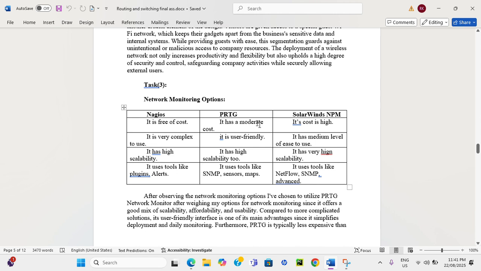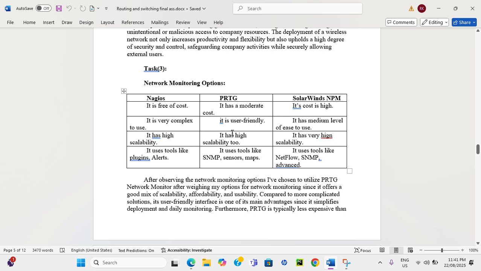PRTG can keep an eye on the servers, routers, switches, and traffic patterns. For a medium-sized business like ABC, PRTG provides the ideal mix of features and price compared to other alternatives.